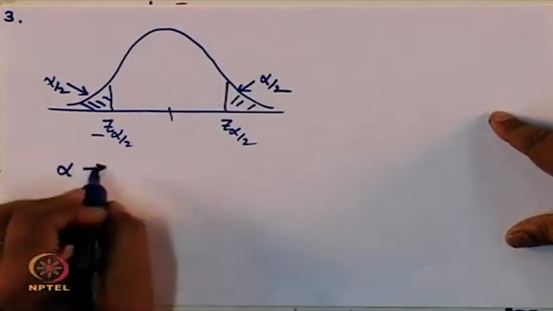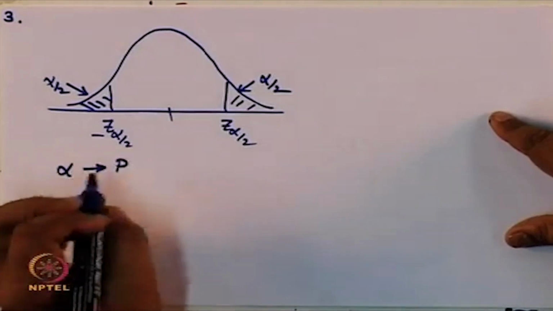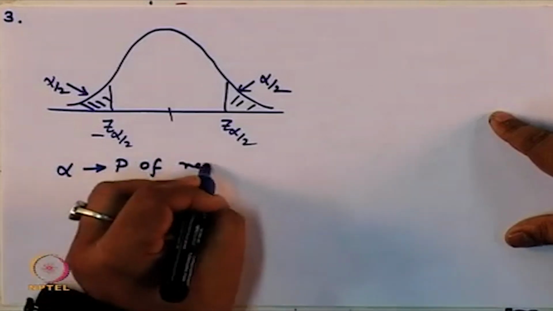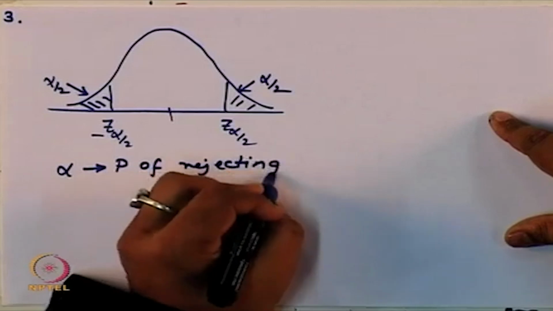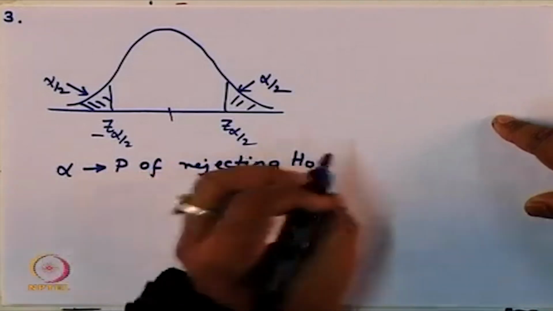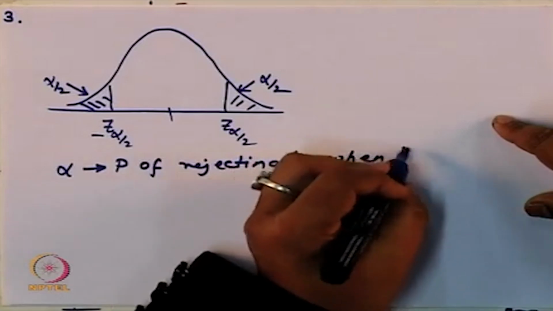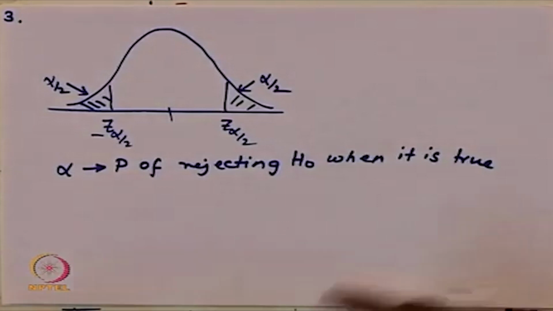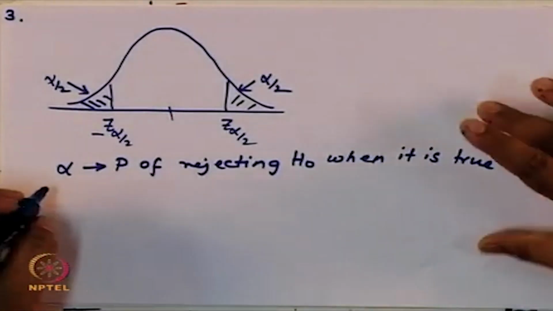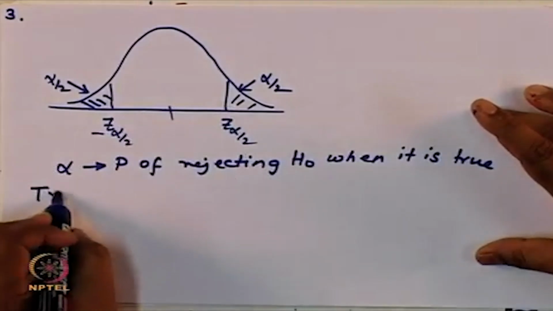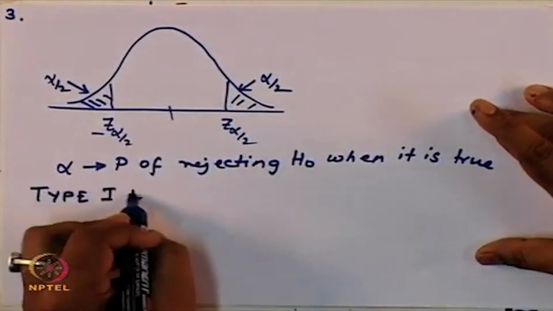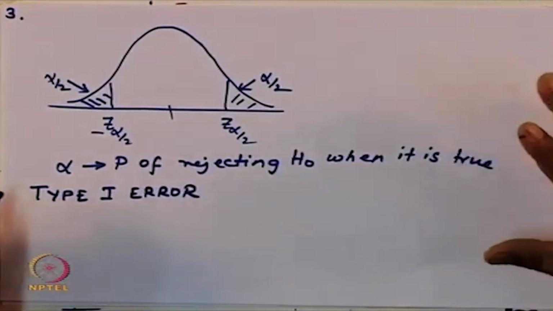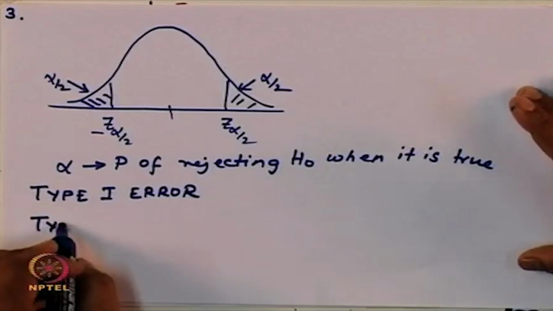So, alpha represents the net probability of rejecting H naught when it is true. But alpha you have some control over. This is called a type 1 error, which means that you can reject H naught when it is still true. But there is an alternate possibility called a type 2 error.